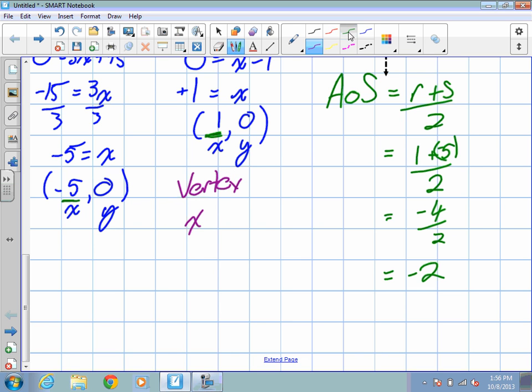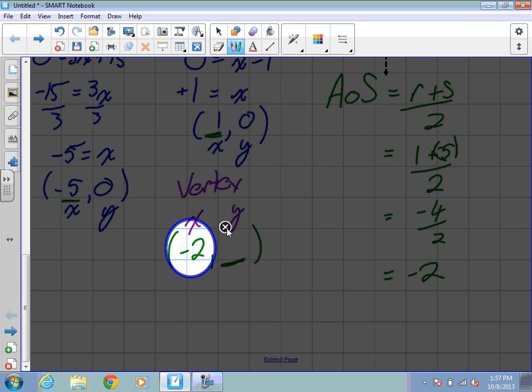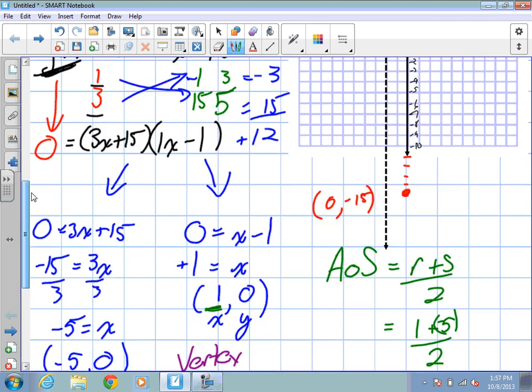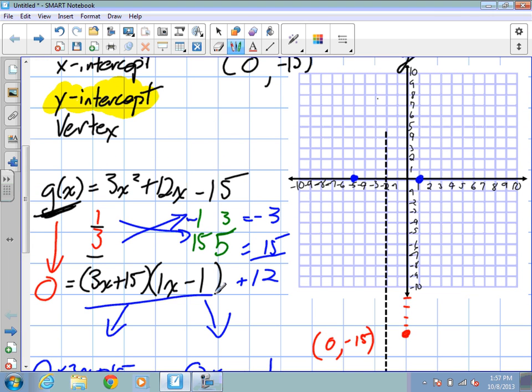The Y value is still unknown to us. To find the y value, we're going to take this x value and plug it back into either the factored form or the standard form. It doesn't make a difference to find the y coordinate. So this is something we did in chapter 1, and I'll do the standard form just so you can see the g of x here.